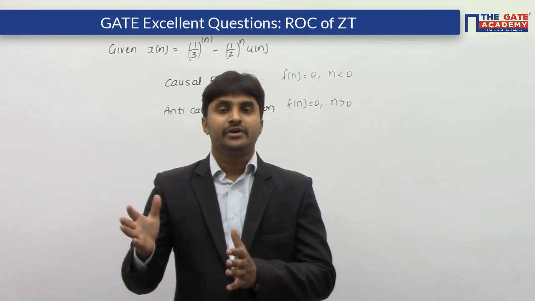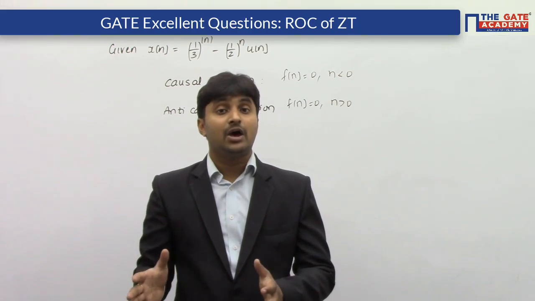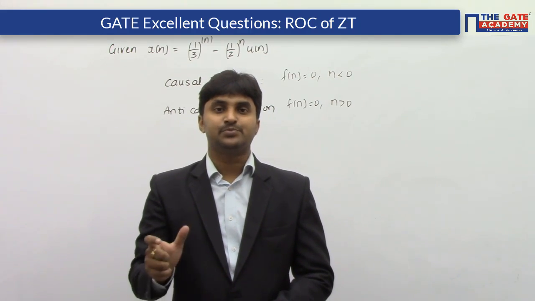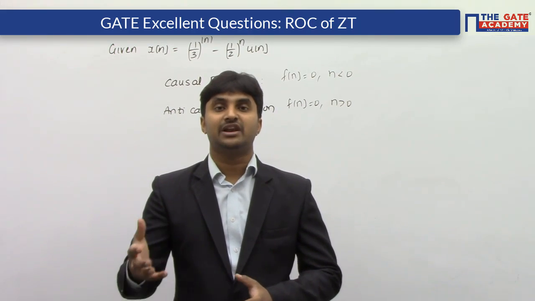So when you have a linear addition or subtraction of causal functions, the ROC is going to be bounded by the outermost of the poles. This point we apply generally when we learn about combinations of causal functions which are linear in nature.